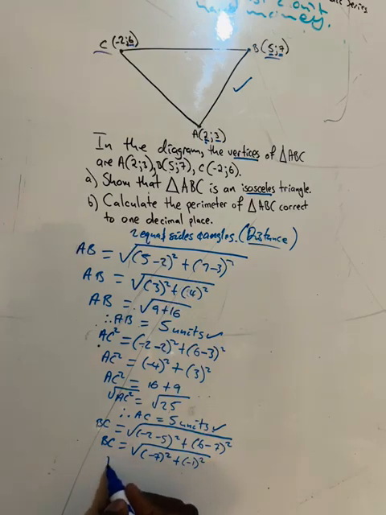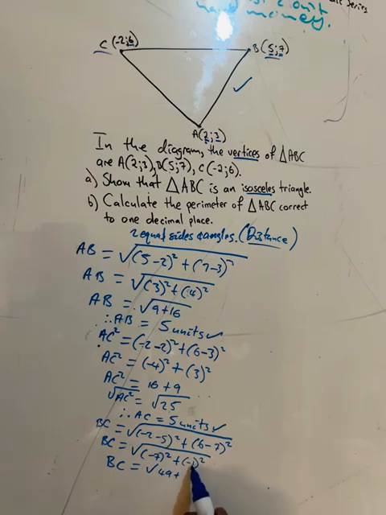And BC is equal to the square root of -7 squared, which is 49, plus -1 squared, which is 1. Square root of 49 plus 1 is equal to 50. So we've got square root of 50 here. Then we conclude, therefore, BC is equal to square root of 50.